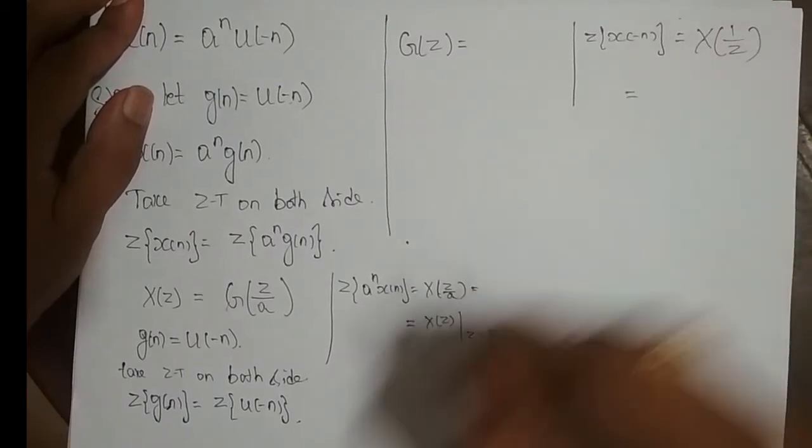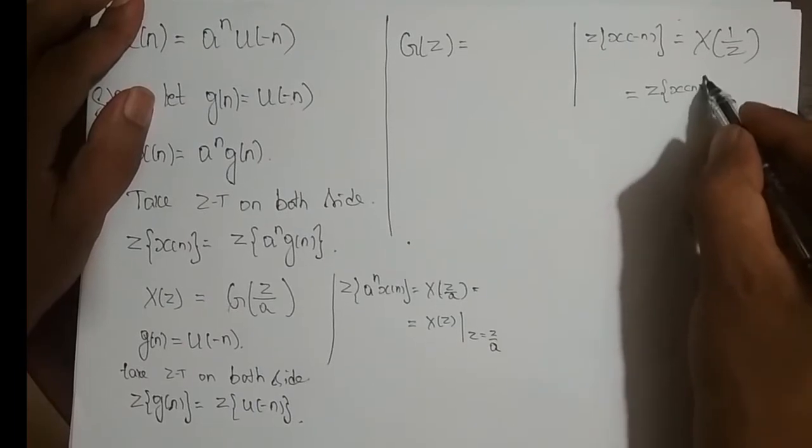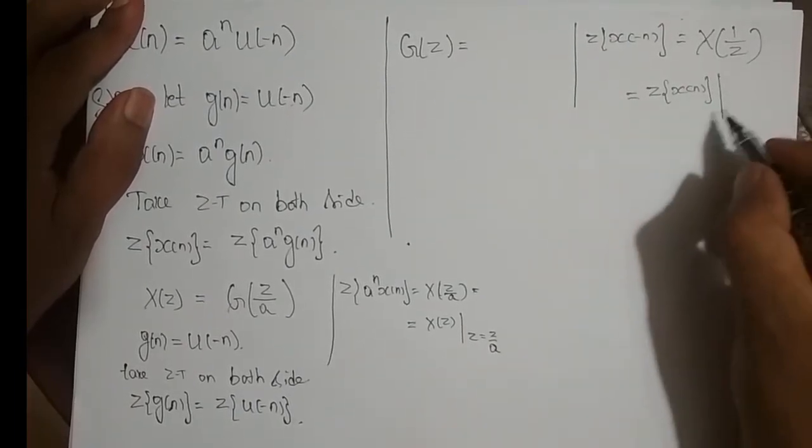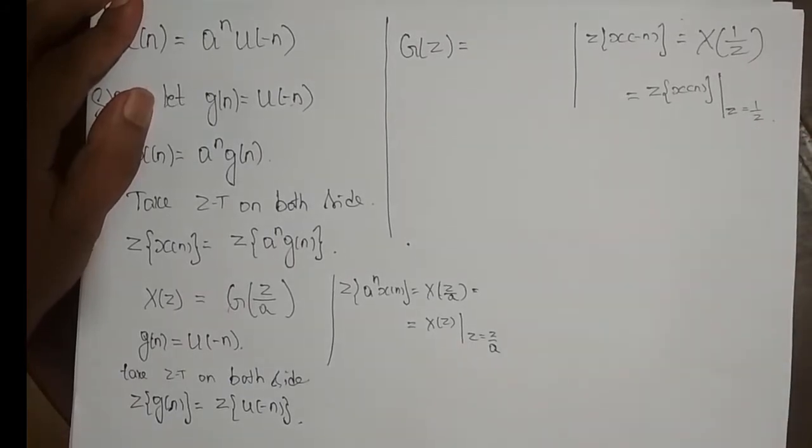Now instead of writing x of 1 by z, I can write it as the z transform of x of n, and in this z transform I have to replace z by 1 by z, right?